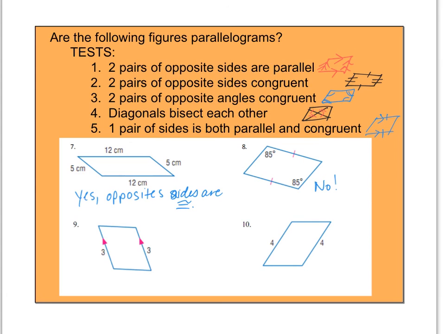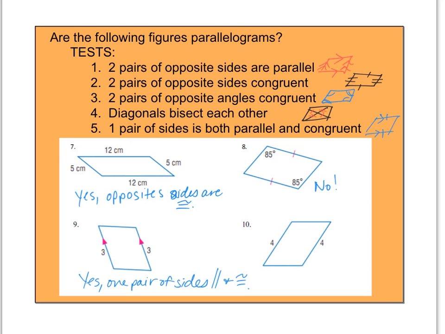You either have to have both sets of sides or both angles. Take a look at number 9. Is there enough information to know if it's a parallelogram? Yes. It's like number 5. You have one pair of sides that is both parallel and congruent on the same pair of sides.